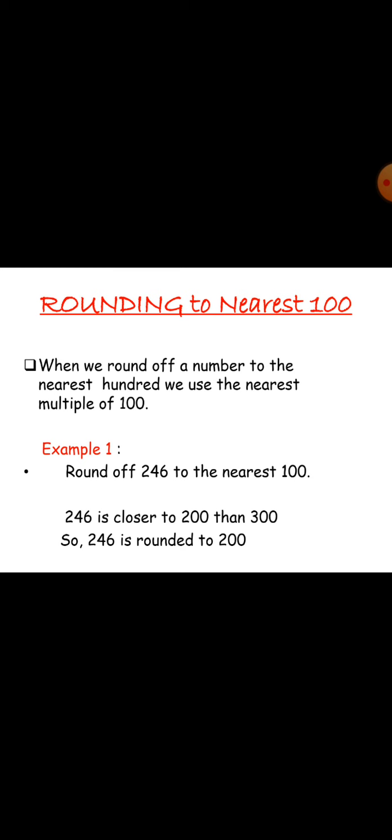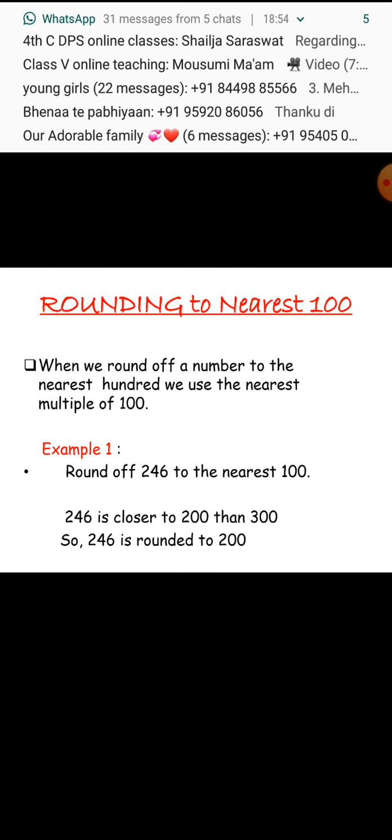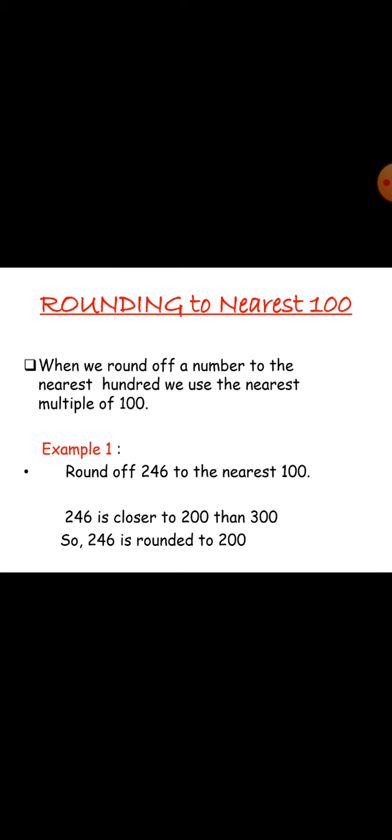Now children, yesterday I told you when we round off to the nearest tens, we see the unit digit. Now what you will do? You will concentrate on the last two digits. First think this way.